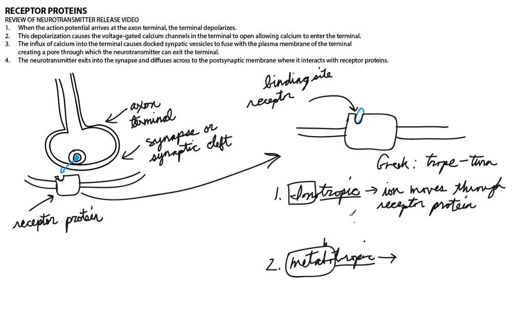Now, it's different from an ionotropic receptor because the receptor protein does not open up and become a channel. Rather, something else is going to change that will lead to movement of ions, and we'll look at how that happens in the third video on receptor proteins.